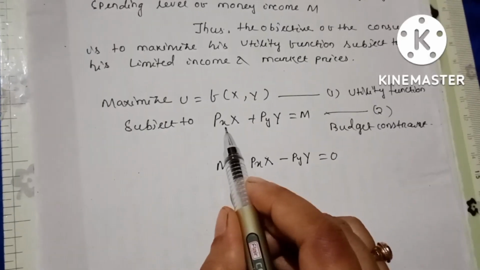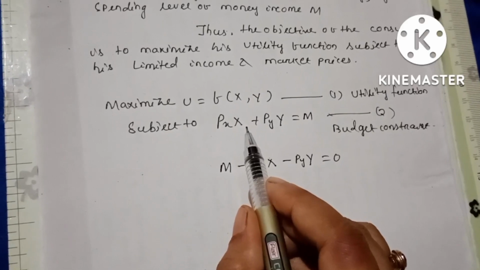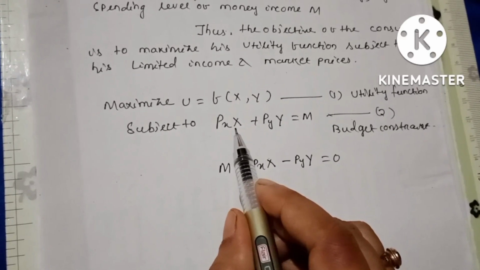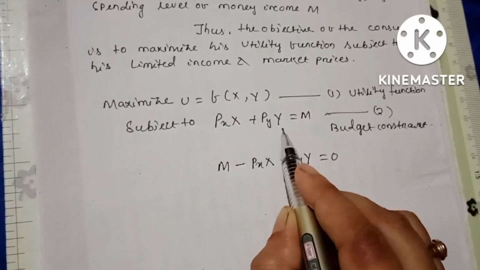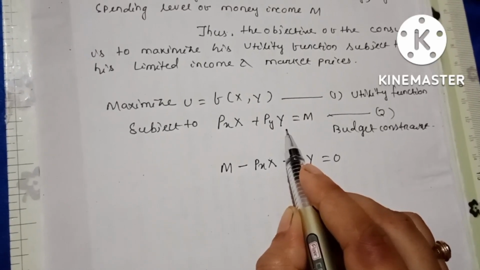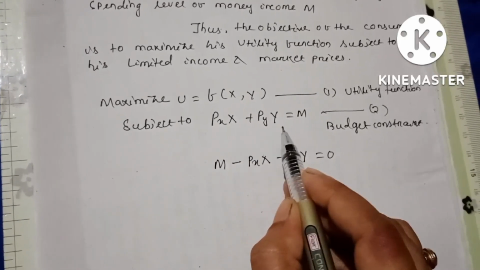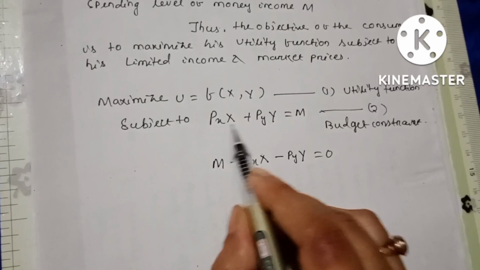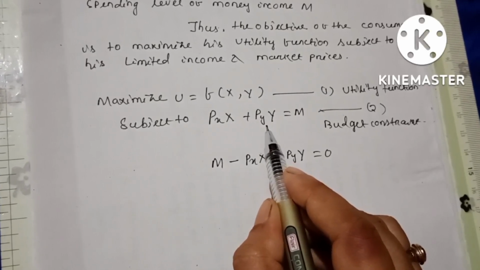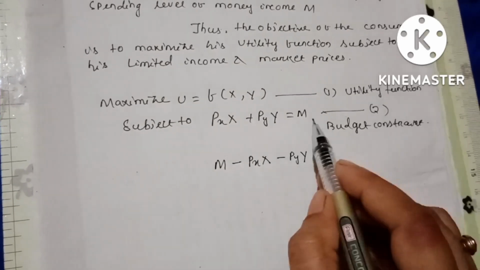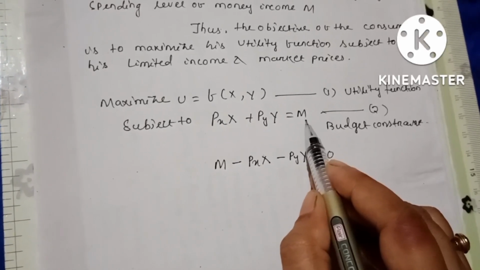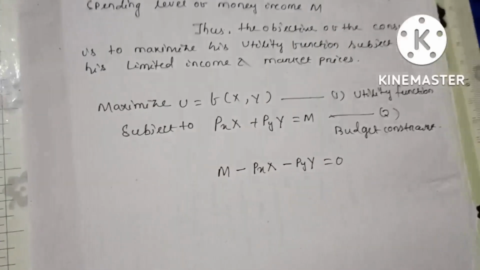Px into x represents expenditure on good x, and pyy represents expenditure on good y. So the sum of these represents the total expenditure, which is equal to your limited money income. Are you getting my point?